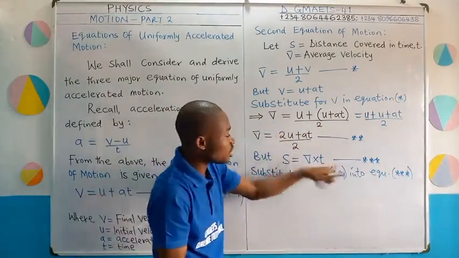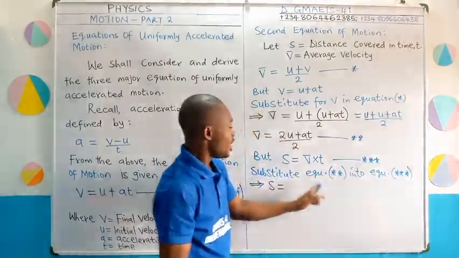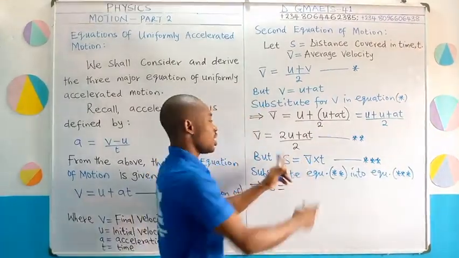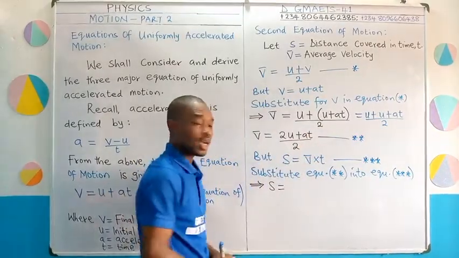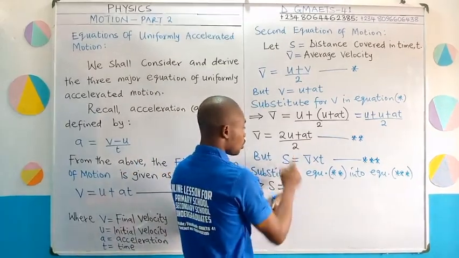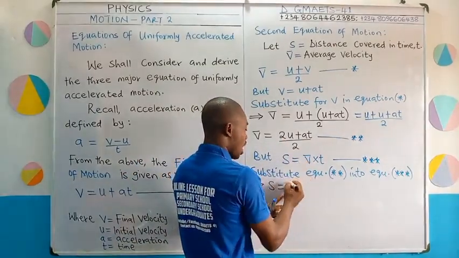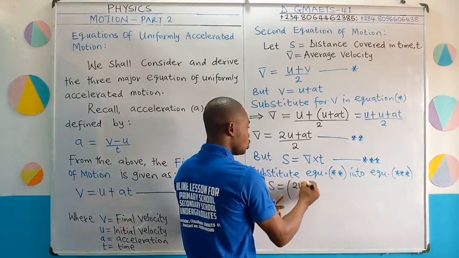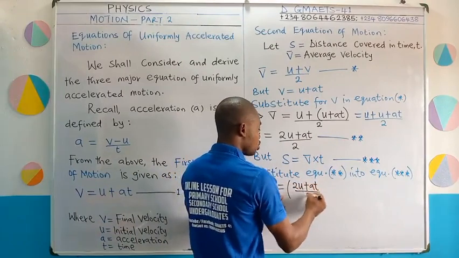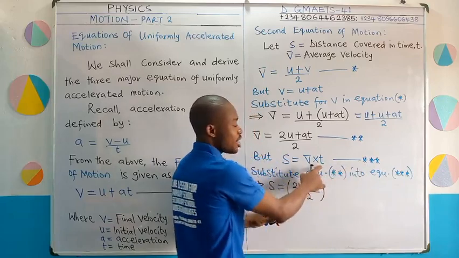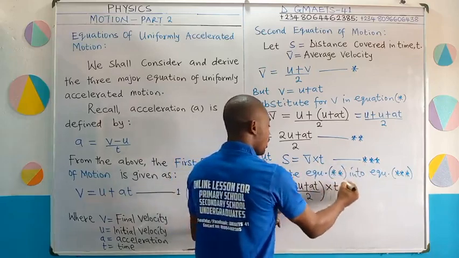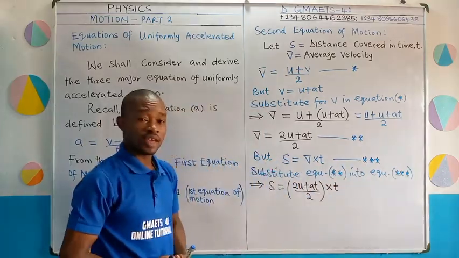So if I am putting it into equation triple star, anywhere I see average velocity, I would put in this whole value, (2u + at)/2. Can we do that? So in place of this v bar, I will open bracket and then put (2u + at)/2. Then remember that the average velocity in this equation triple star is multiplied by t. So I'll multiply by t. Now let us see what this gives to us.